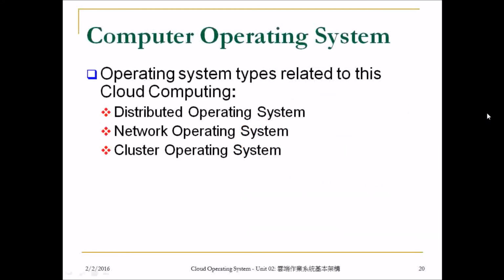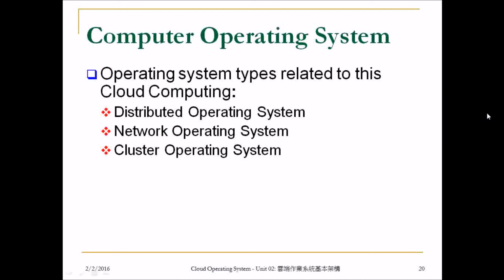In the past, the computer operation system related to the cloud computing is already proposed and implemented. The first is the distributed operation system. The second is a network operating system, similar to the DRBL, the diskless remote booting system.